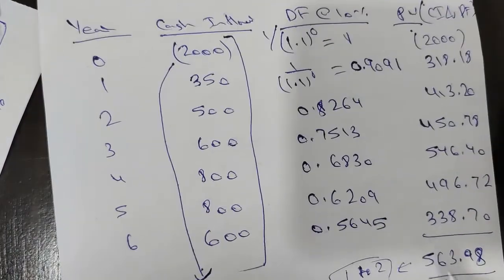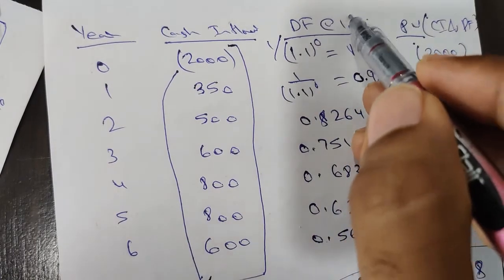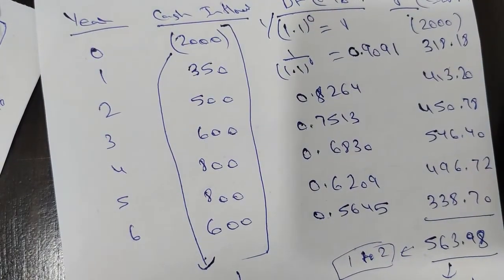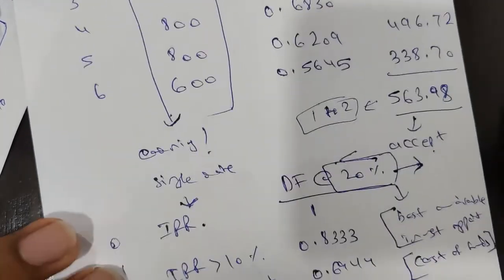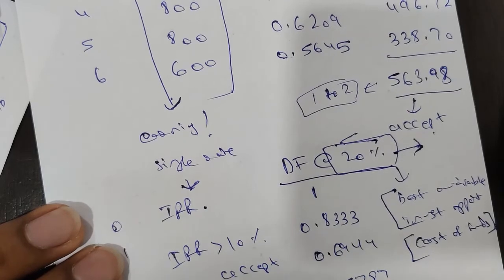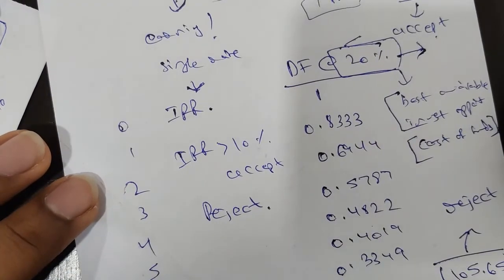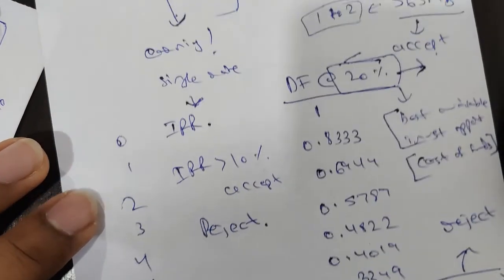I would know the IRR in this, and then I would just compare it with 10%, compare it with 20%. So if IRR is greater than 10%, I would accept, else reject. So it becomes very easy.